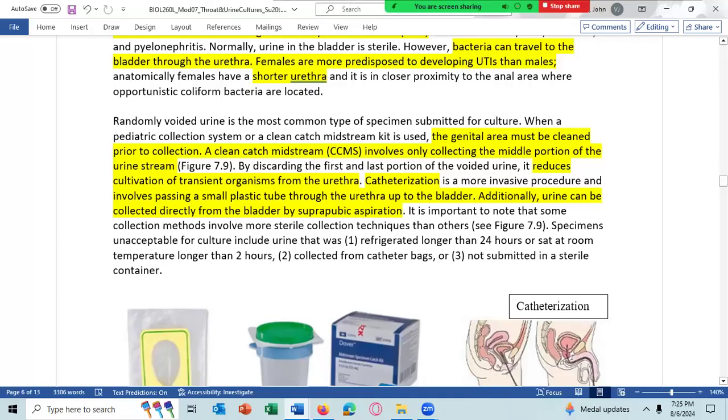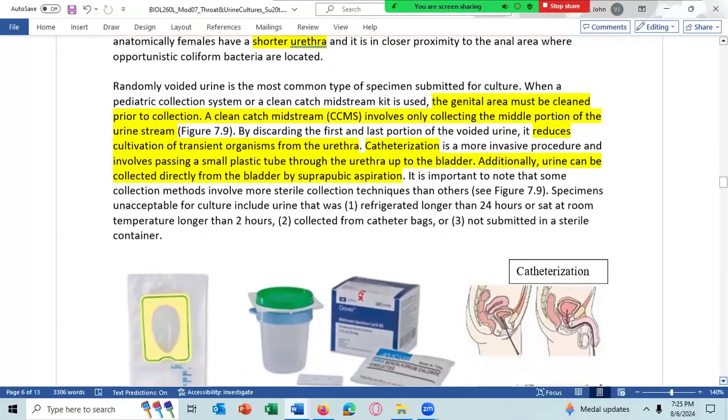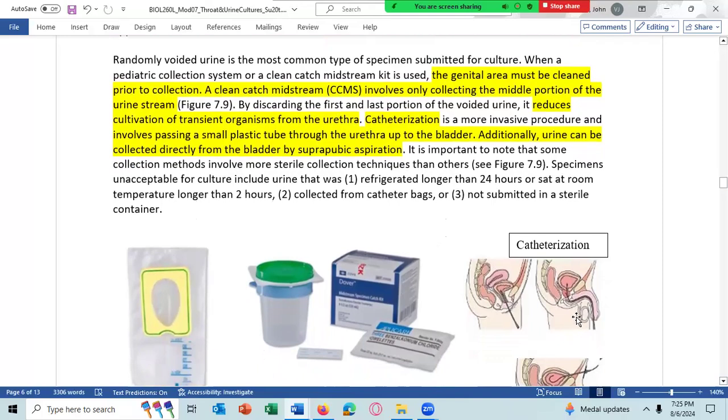A better way is catheterization, where you stick a catheter into the bladder and then sample the urine directly in the bladder. The trouble is the catheter has to go through the urethra, and it can pick up microbes from the urethra and put them into the bladder. And so you could still get microbes even with catheterization.